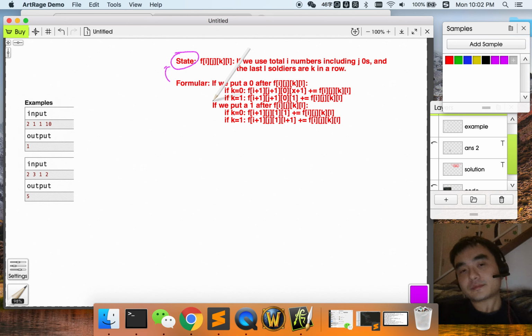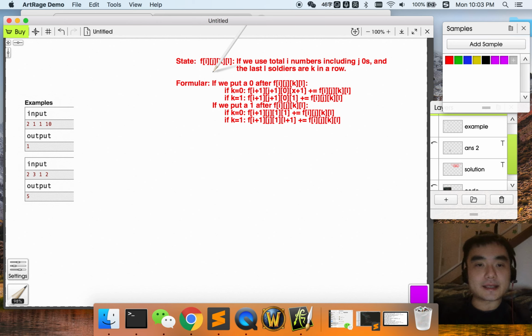And what is the state here? It's a four-dimensional state. The definition of the state is that if we use a total of i numbers including j zeros.